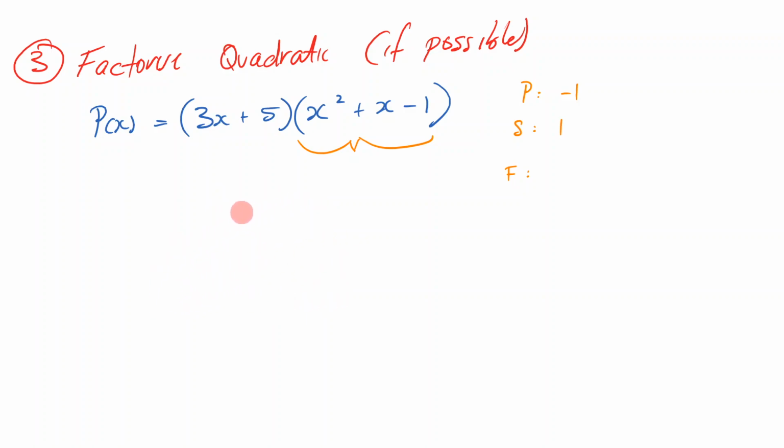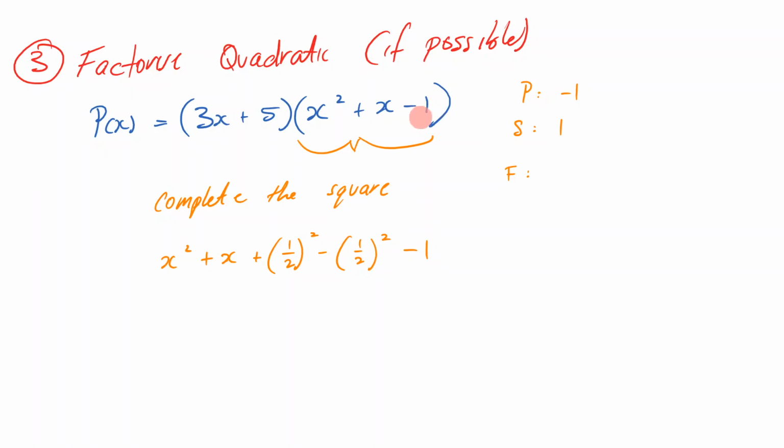So I can use my quadratic formula, but instead I'm just going to complete the square. So I'm starting with x squared plus x. Now remember, what you're going to do is add the coefficient of x, halved and squared, and then subtract it. Then you still have to minus 1 because you still got a minus 1 there.